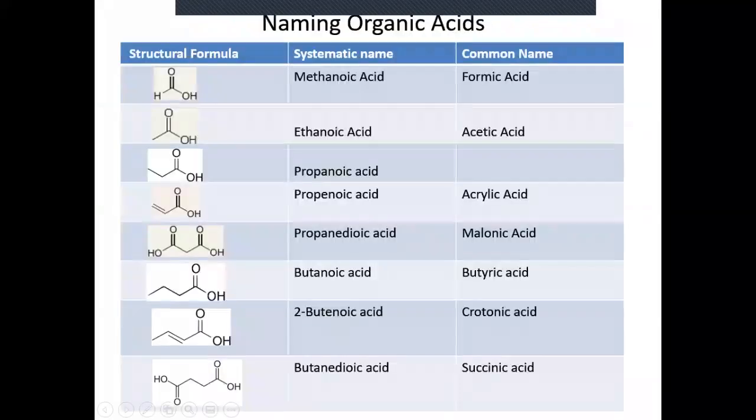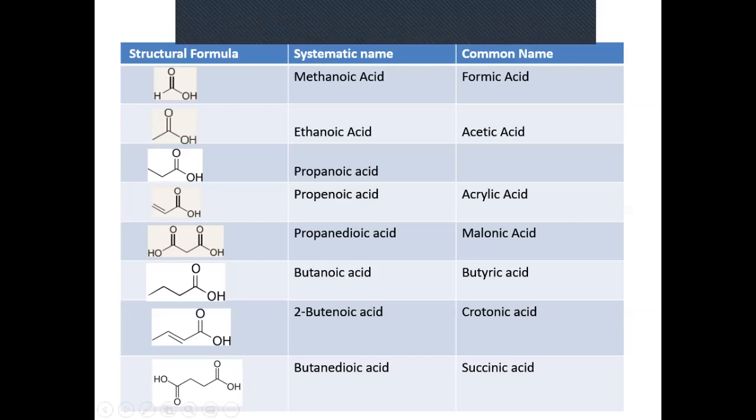So let's get started. First, we're going to talk about how we name organic acids, and it's very similar to naming alkanes. You remember we talked about, maybe in Gen Chem 1, alkanes: methane, ethane, propane, butane, hexane, heptane, pentane, pentene, pentyne, etc. Naming organic acids is pretty much the same way, except instead of using ane, ene, or yne as the ending, we use ic.